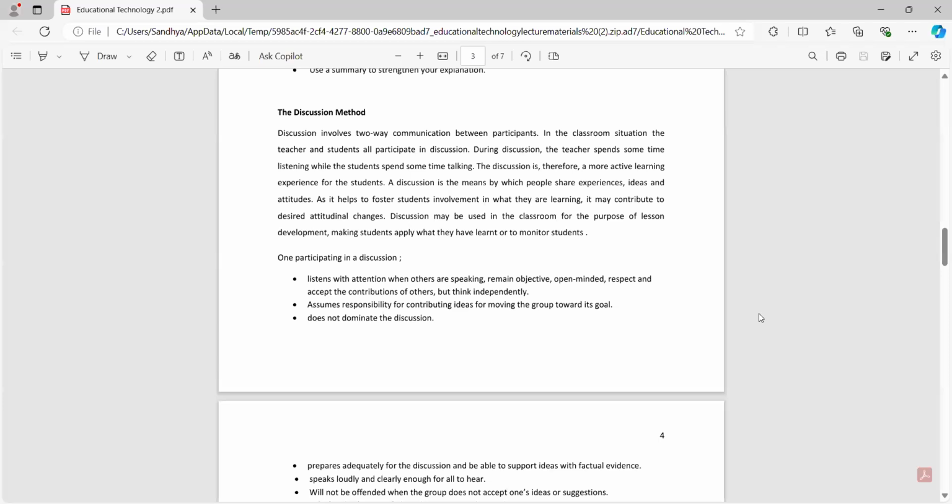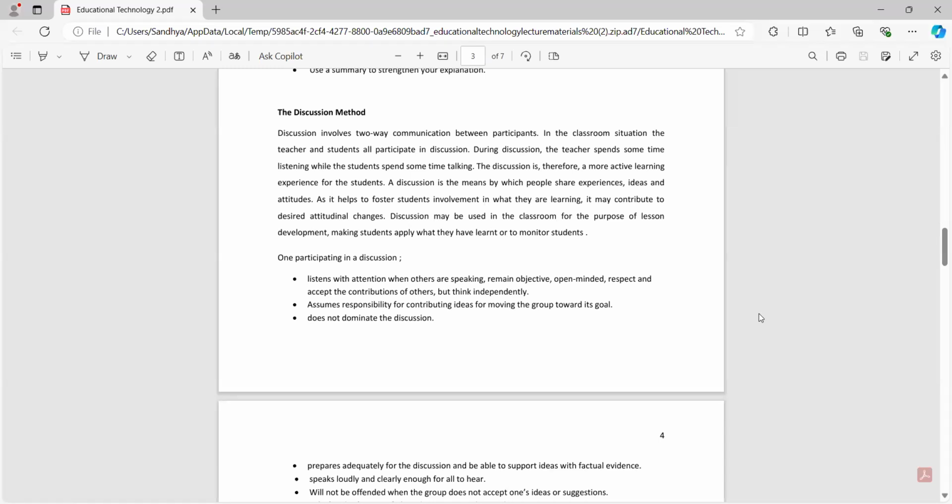Make sure that everyone respects each other's opinions. Yeah, in a discussion, you have to make sure that each and every student has respect for the other students. Respect means that they can remain objective and open-minded when others present their ideas.